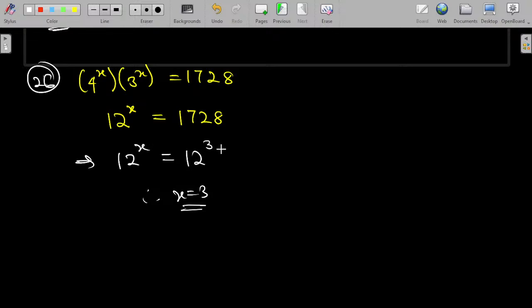Okay, so let's move on to the next one, which is 27. And I can do 27 by the side since there is a space here. That is a bit long.